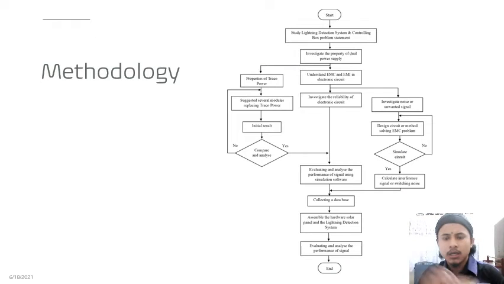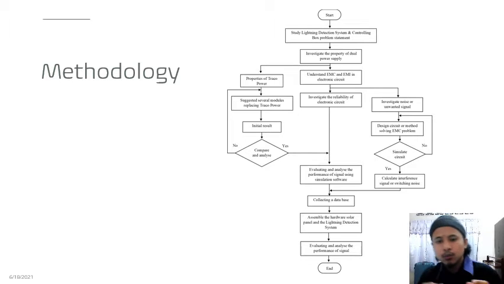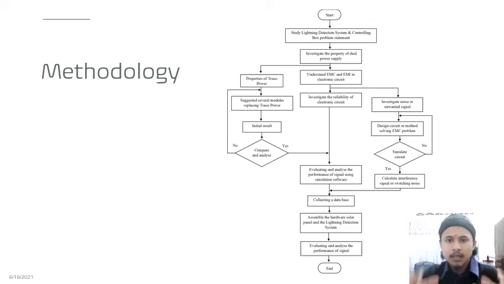Next is the methodology. We need to produce a method to investigate and develop this. We study the lightning detection system and the controlling problem. Next, investigate the dual power. Next, the property of the Traco. Then suggest a few methods. That is our initial result.